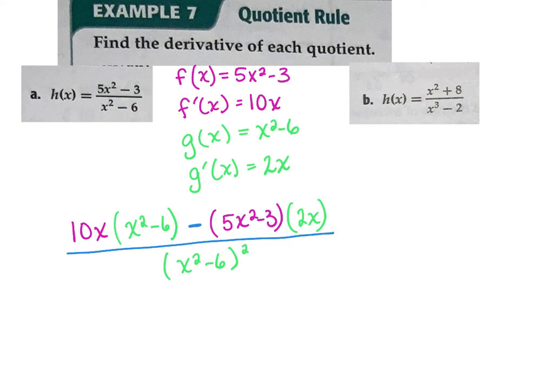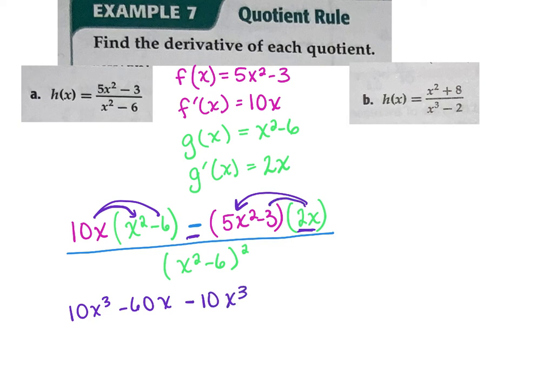Okay? We're just going to distribute. 10x times x squared is 10x cubed. 10x times negative 6, negative 60x. You can distribute this way, but remember you have a negative, okay? So negative 2x times 5x squared is negative 10x cubed.